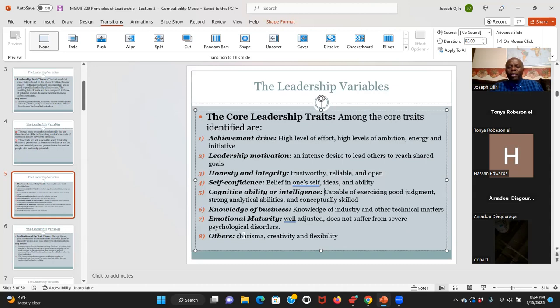Then they also have charisma, creativity, and flexibility. They know how to make people willing to work with them. All these are the core traits that come under the trait theory of leadership.